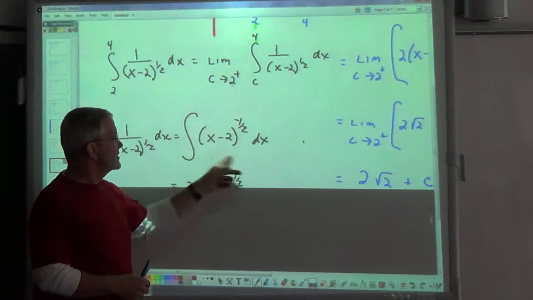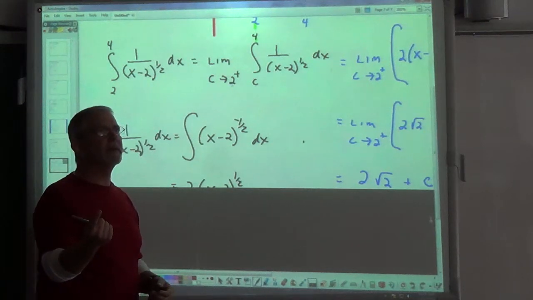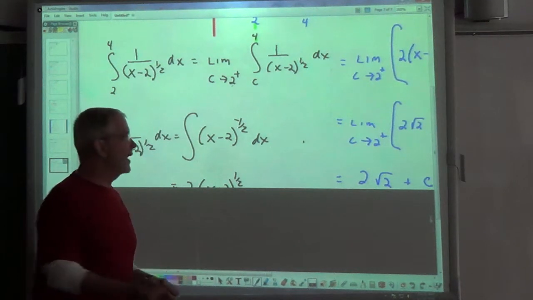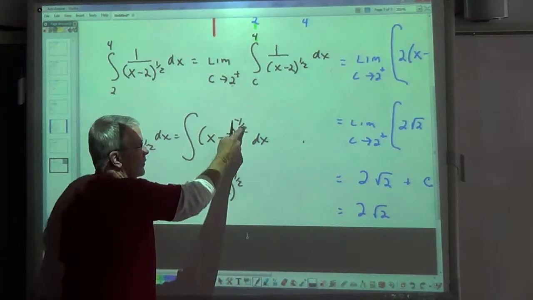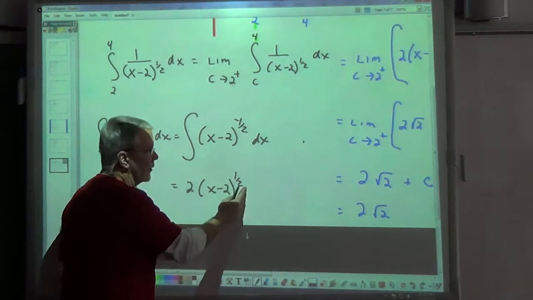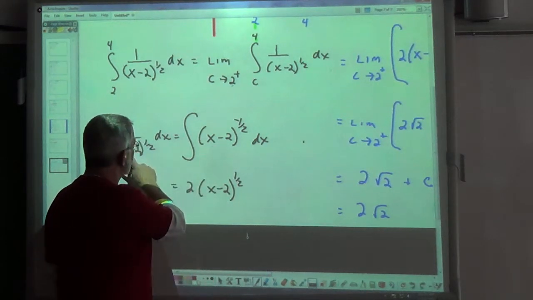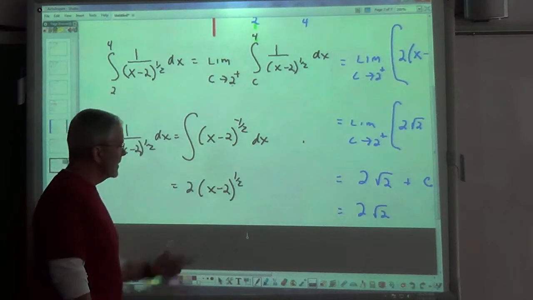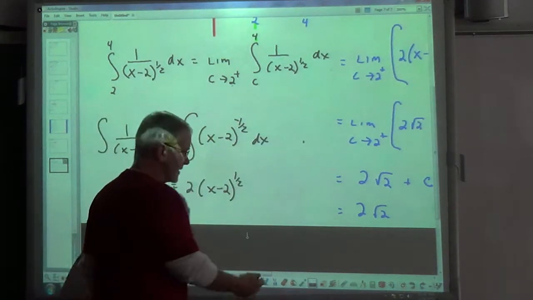So I'm going to use the anti-differentiation rule. Negative 1/2 plus 1 is 1/2. Divide by 1/2, that's where this 2 comes from. Negative 1/2 plus 1 is 1/2, that's where this exponent comes from. So this is the general antiderivative of this function.